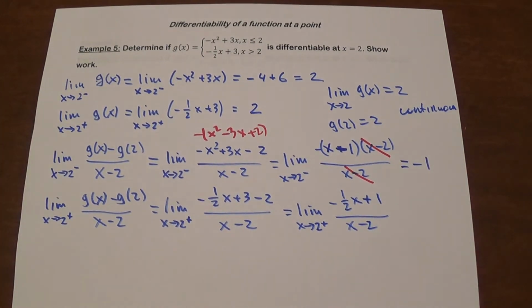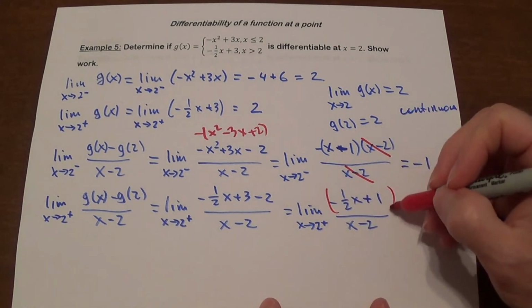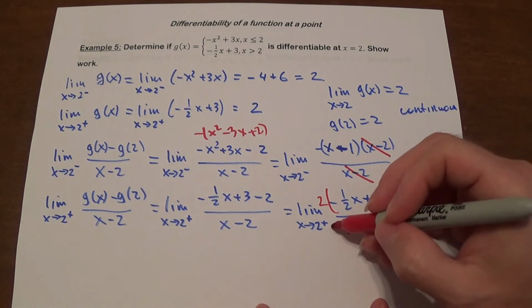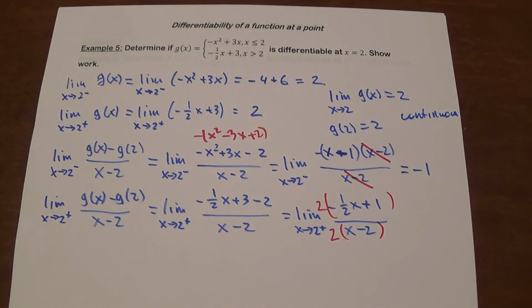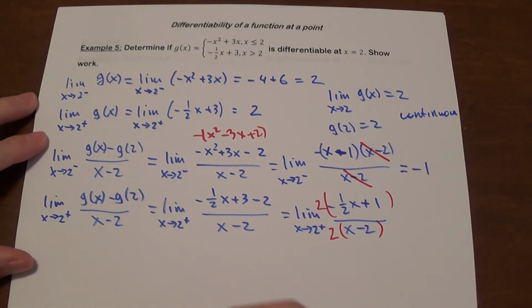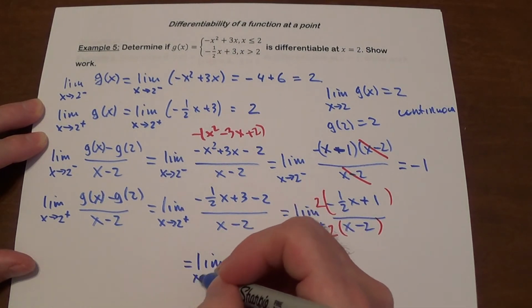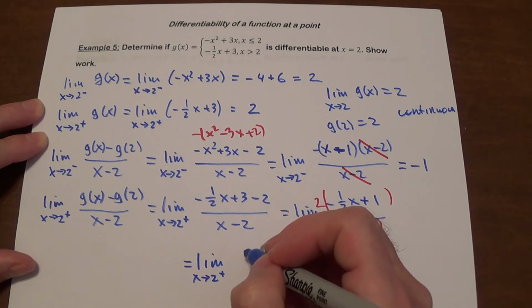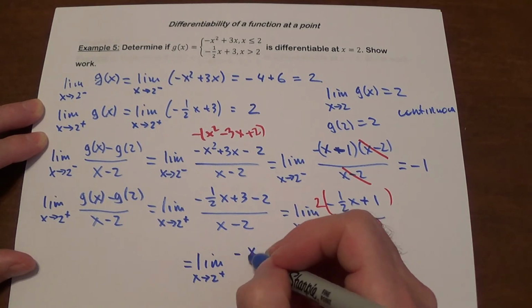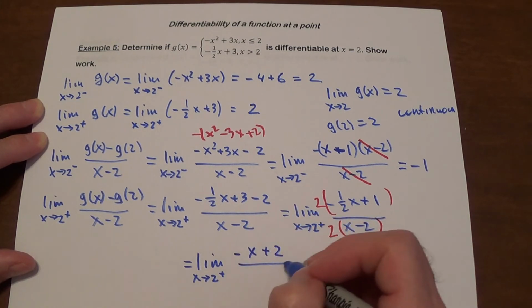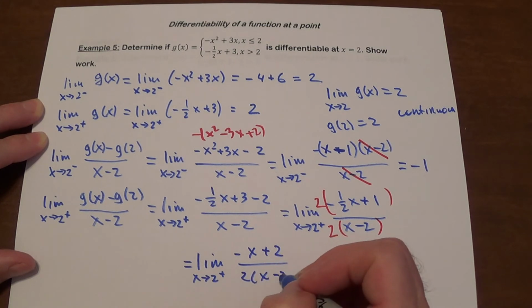So what we are going to do here is multiply both the top and the bottom by 2 to get rid of that fraction. And that's going to give us the limit as x approaches 2 from the right of negative x plus 2 divided by 2 times x minus 2.